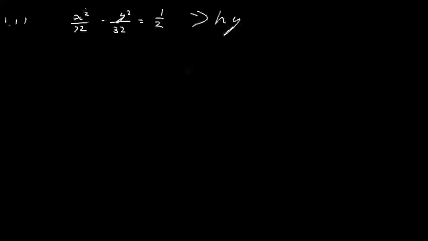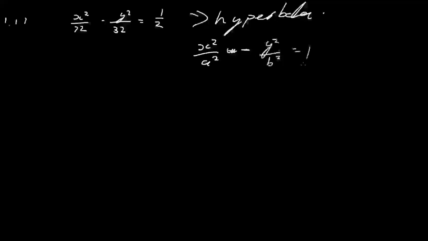Yes, hyperbola. A hyperbola has the general form x squared over a squared plus minus, if that was a plus it would be an ellipse, but it's not, minus y squared over b squared equals 1. And where this is your x-intercepts, and this is your y-intercepts. And it's centered at 0, because that's what this general form assumes.